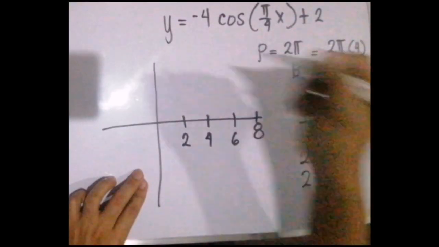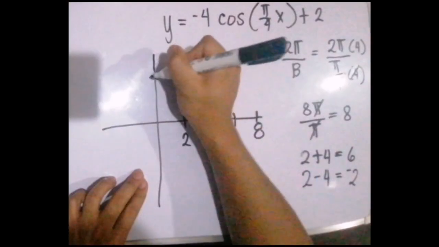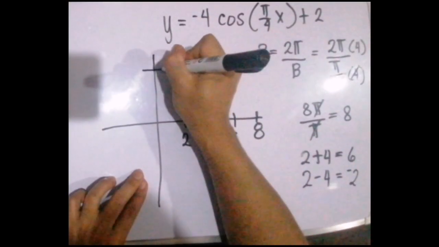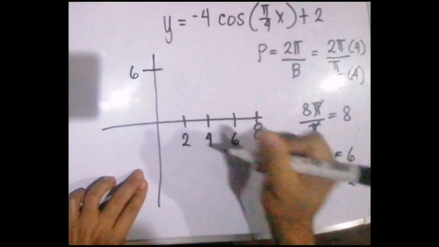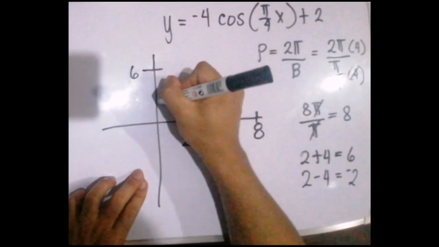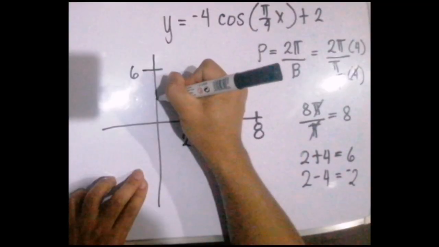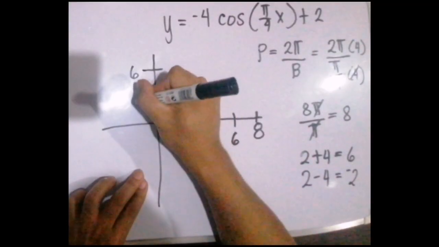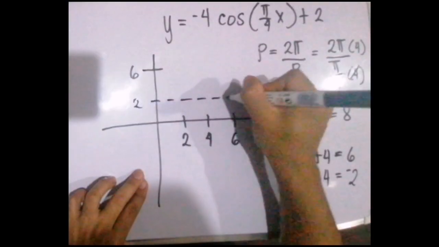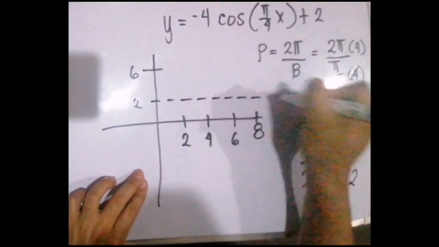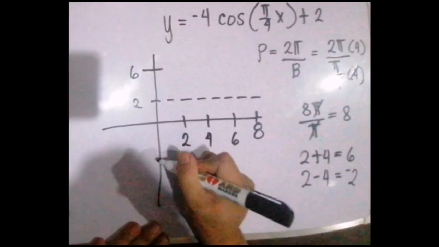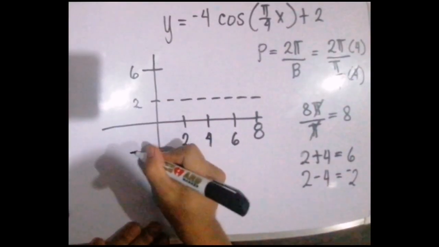So our upper limit is 6, and our vertical shift is positive 2 here. And the lower limit is negative 2.